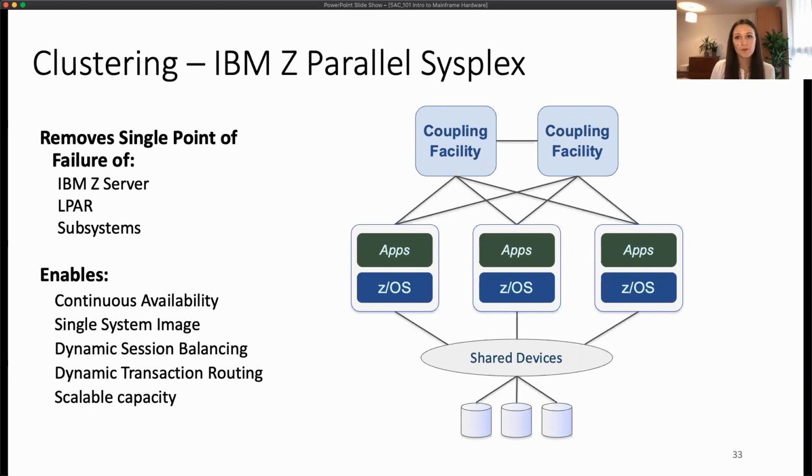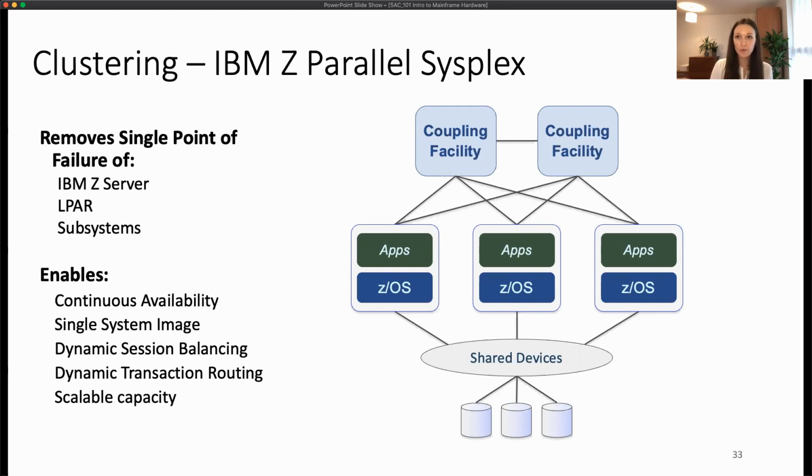Another thing where the Sysplex is very, very important is something called the rolling IPL. IPL standing for initial program load, and basically meaning booting up an operating system within an LPAR. So in a parallel Sysplex, you do not require all of the systems to be up and running for the Sysplex to function.